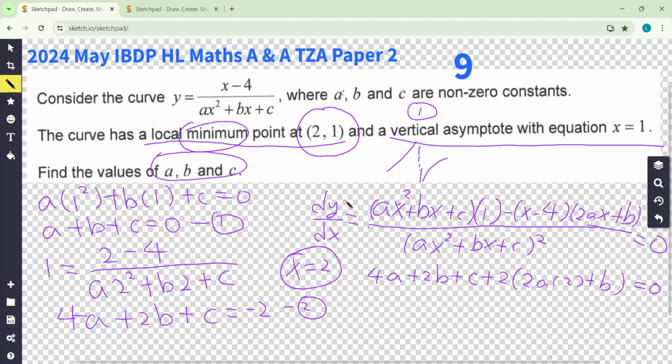Okay, make them good looking. So 4a, 2, 2, 8, 8, 8, so altogether 12a. Okay. Wow, complicated. So 2b, 2b, 4b, and c equals 0.